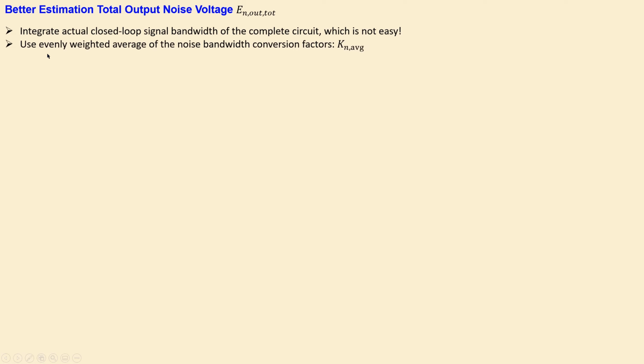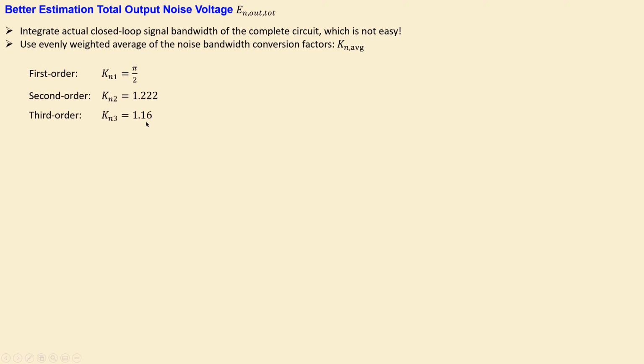But instead of that, we can use an evenly weighted average of the noise bandwidth conversion factors and add them up to get the average conversion factor for our noise bandwidth. What I mean by that is the following. If you have the first order part, which is just this conversion factor which is used for the complete circuit, you can also add the second order conversion factor and also the third order conversion factor.